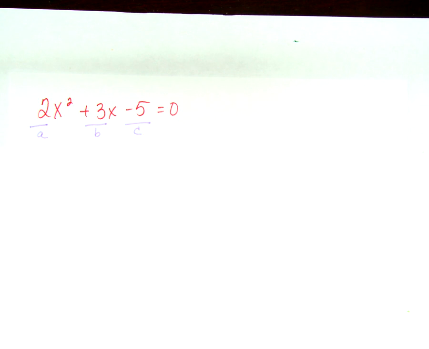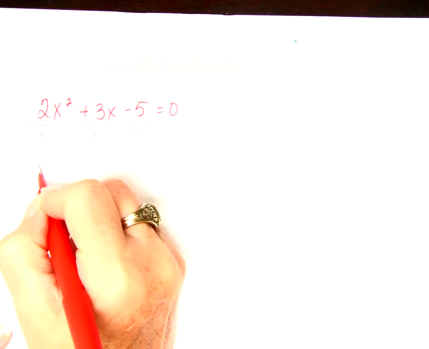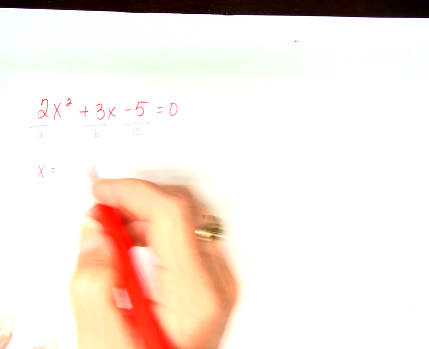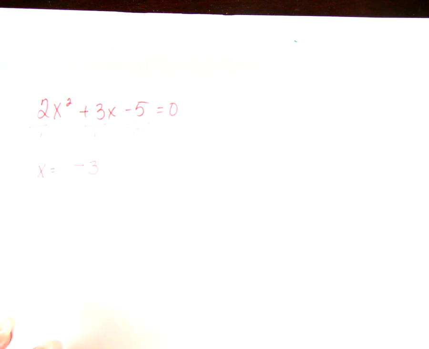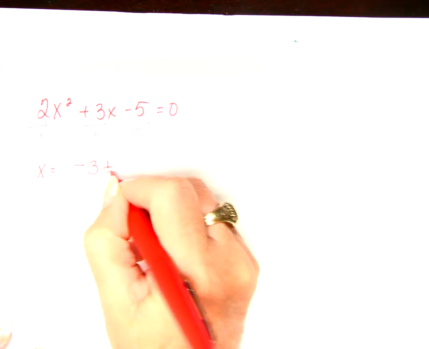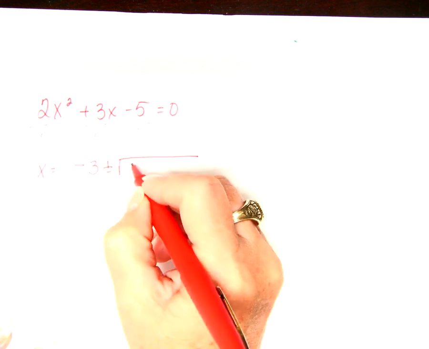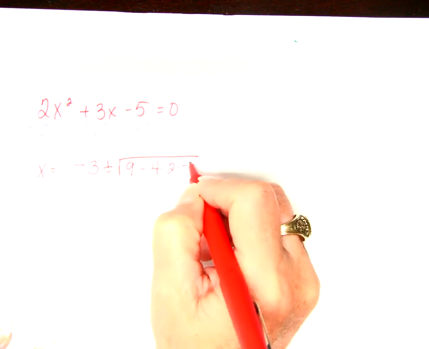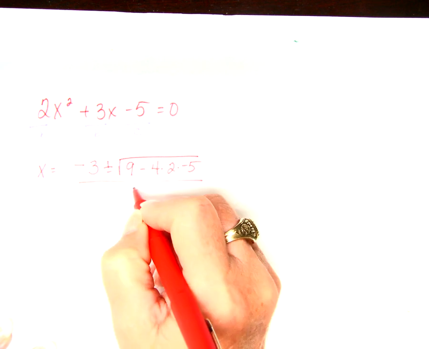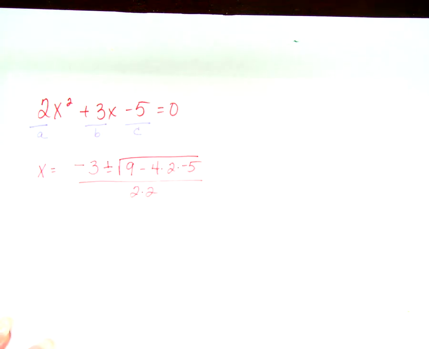Yes, absolutely. That's how we are identifying our variables. Okay? And then we're trying to solve. So we're going to say X equals negative B plus or minus the square root of b squared minus 4ac all over 2a.